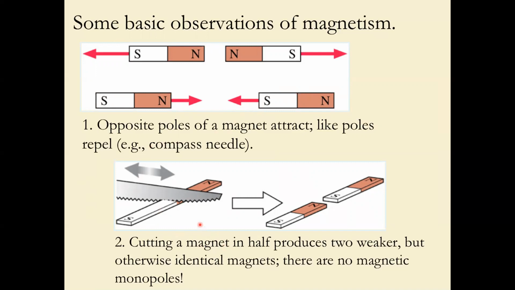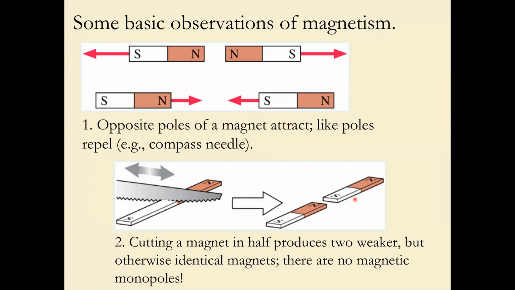Another observation on magnets is when you cut a magnet in half, it will still be a magnet, but it will be weaker, which means that we will have two small magnets whenever you cut the big one.